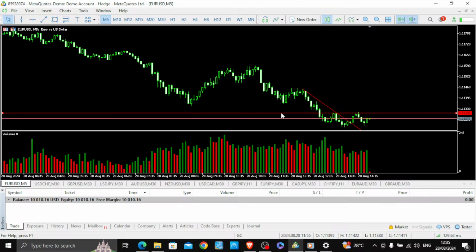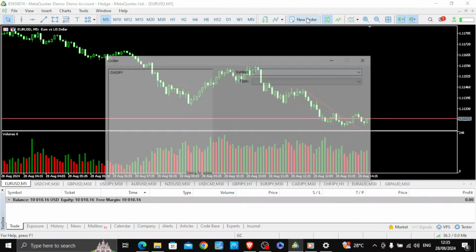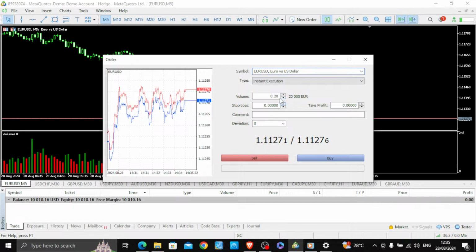Either we wait for here to be taken out before we enter, then we cannot enter, or we can enter aggressively. With our 5 minutes, we enter our trade. I enter with one standard lot. Okay.